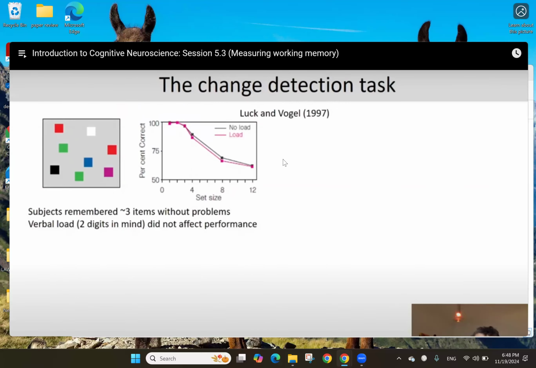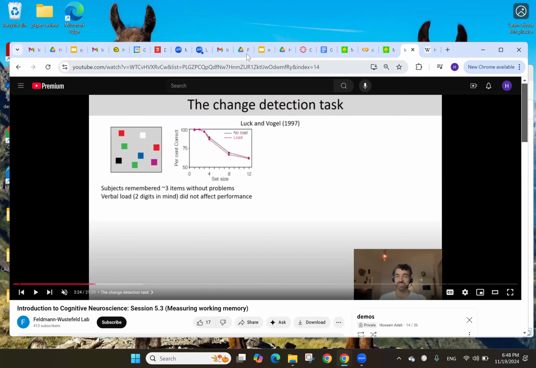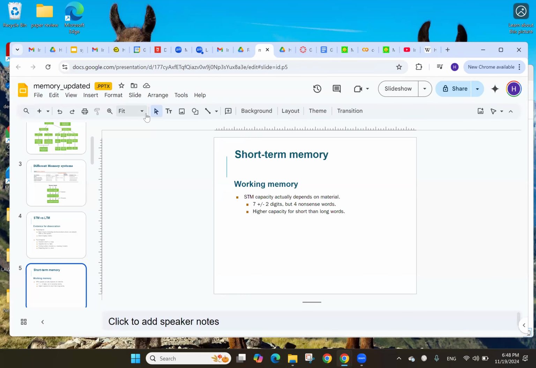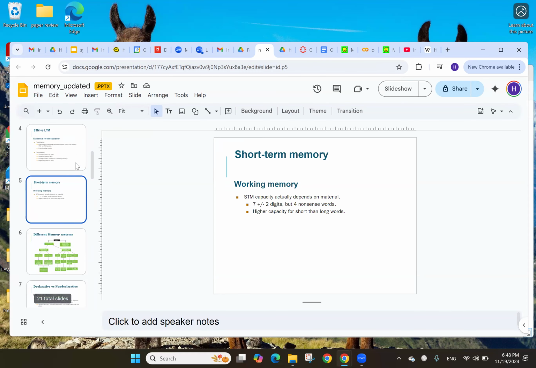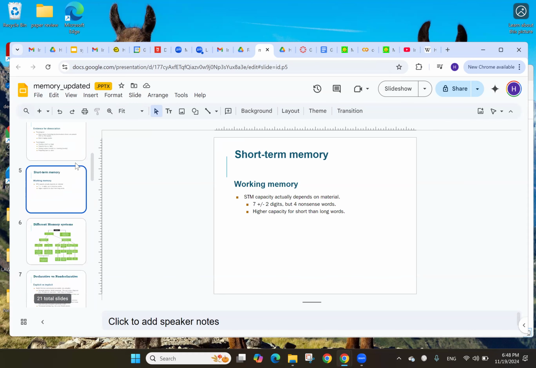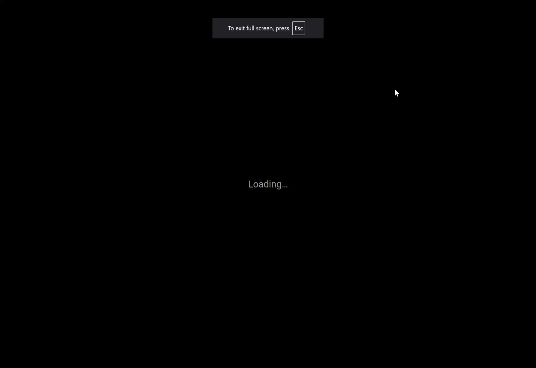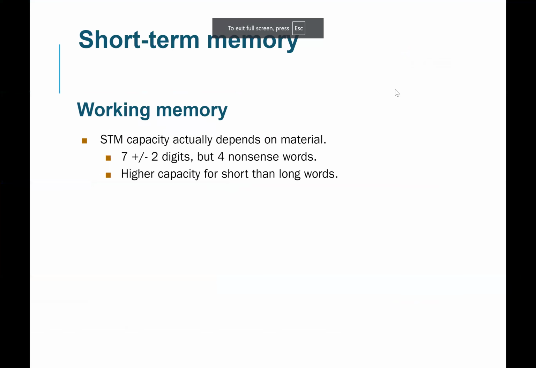There are different ways to study this, but the general point is that there is a limit to the number of objects that we can maintain, and that's what we call the capacity. Studies generally have found that 7 plus or minus 2 works.